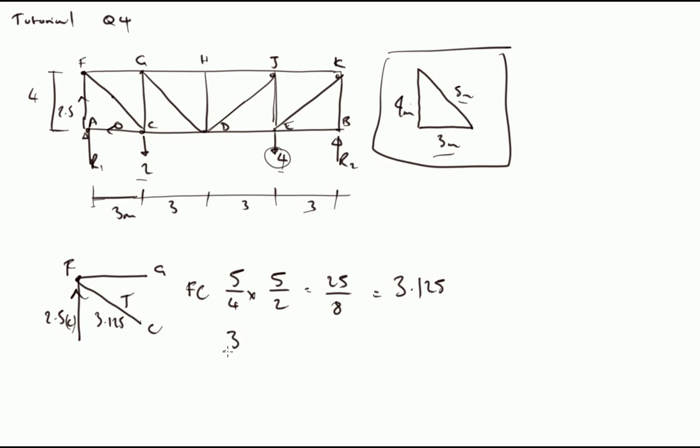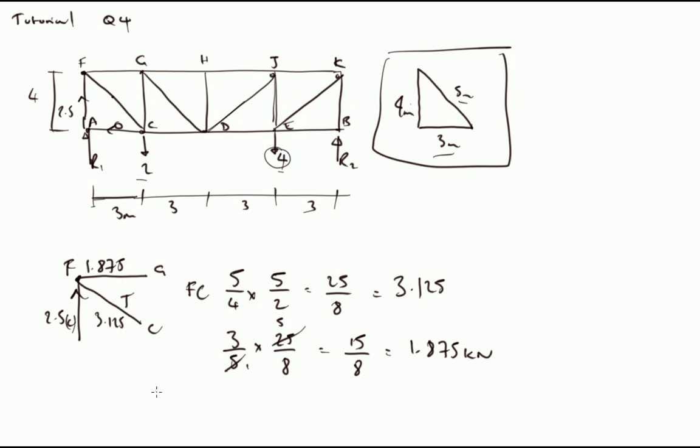So we have 3/5, that's the ratio of 3 to 5, the horizontal to the line of action of the force, that's 3.125. So we multiply that by 3.125, or 25/8 if we like. This 5 cancels with these 25, so we've got 3 times 5 is 15 over 8. So 15/8 is 1.875 kilonewtons. So we've got a 1.875 kilonewton force in our Fg.